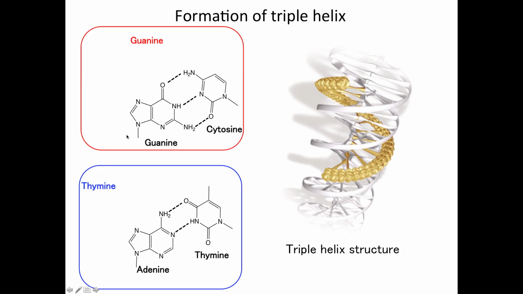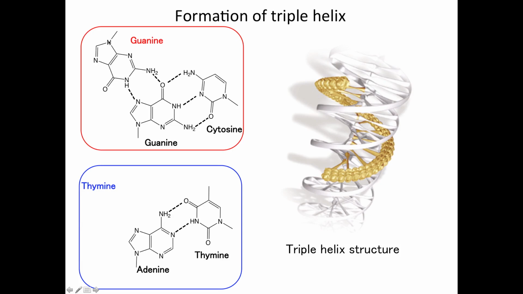In the case of guanine and cytosine, a new guanine can bind to the major groove site, because the lone pair of the N atom and O atom bind to the hydrogen of the other guanine.